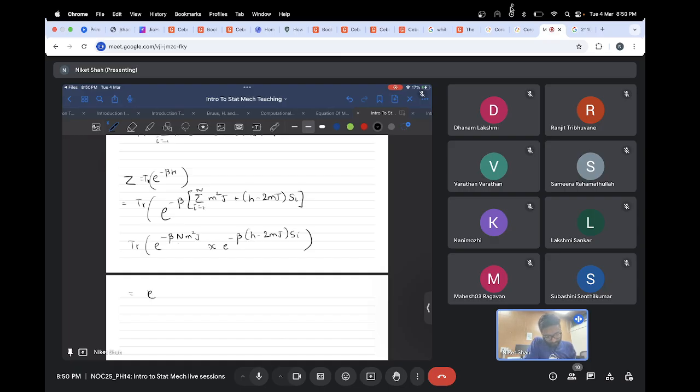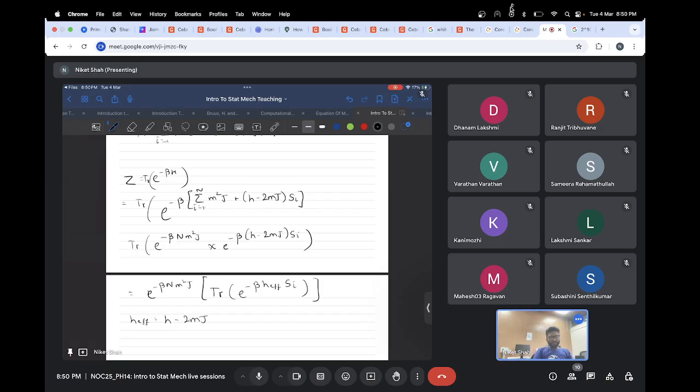This is equal to e raised to power minus beta n m square j, multiplied by, outside, the trace of e raised to power minus beta h effective into si, where h effective is equal to h minus 2mj.